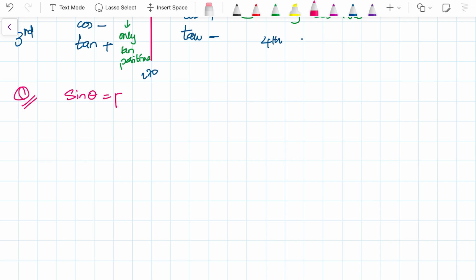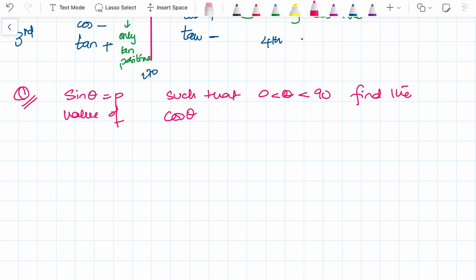Sine theta is equal to p, such that theta is between 0 and 90. Find an expression for cos theta and tan theta.